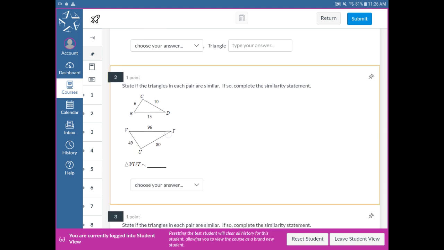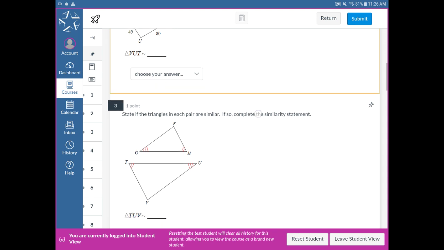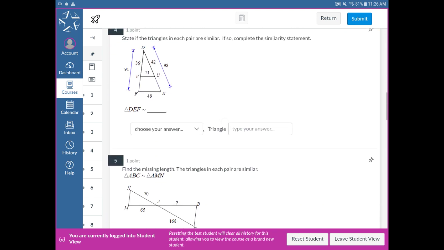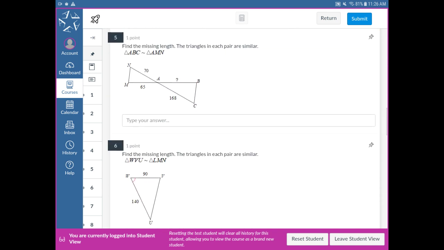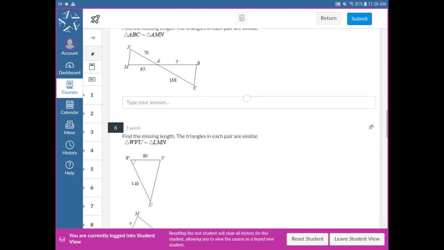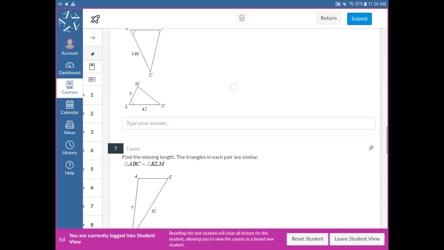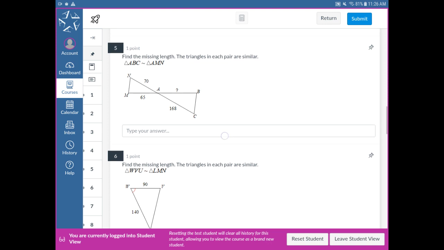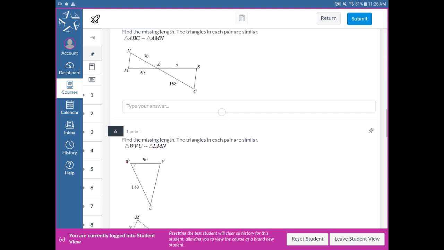That makes it easier. So 5 over 1 equals 45 over 2x plus 1. So 45 equals 10x plus 5. 40 equals 10x, and then x equals 4. Ta-da!